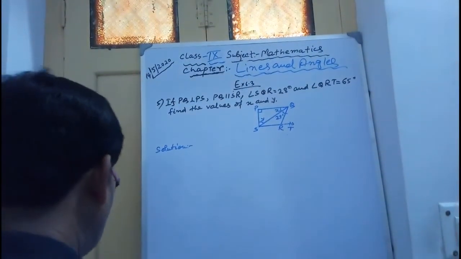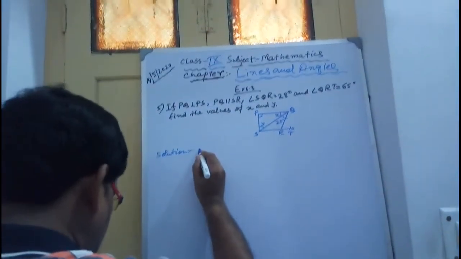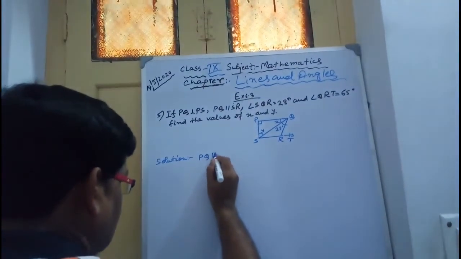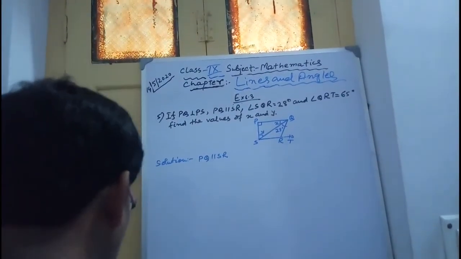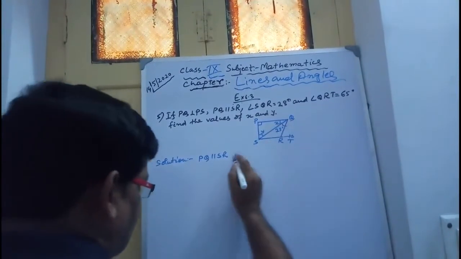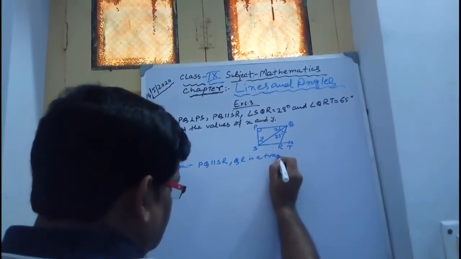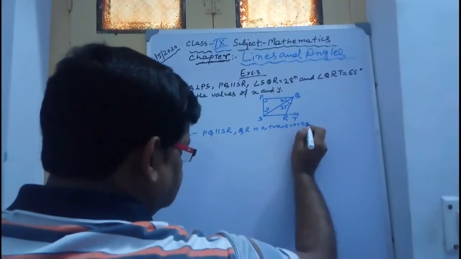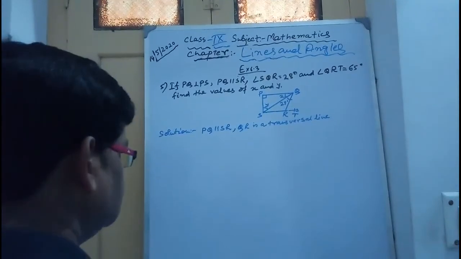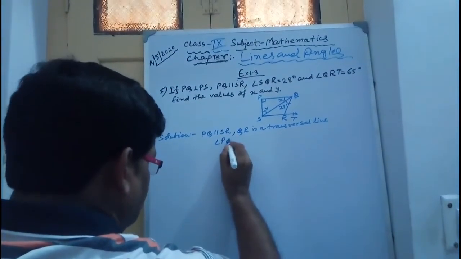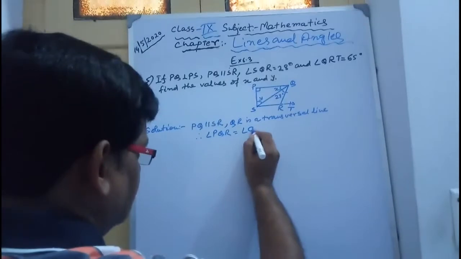PQ is parallel to SR, and QR is a transversal line, therefore angle PQR equals angle QRT.